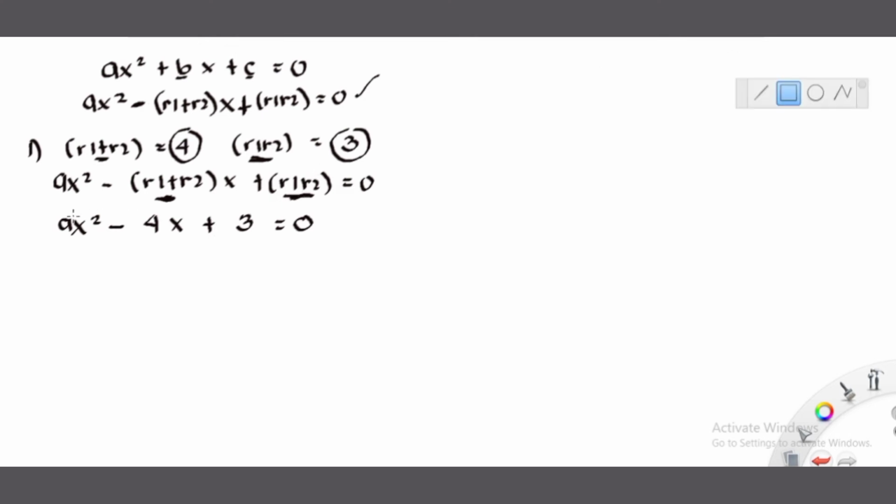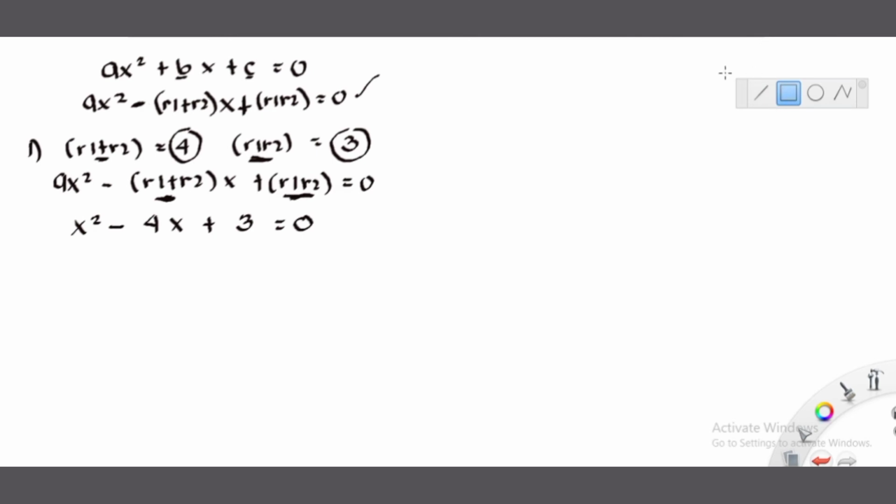That's simple. So it means that, oh, by the way, I forgot to remove a here. Let's just remove a. That's equal to 1. Okay. Ayan.